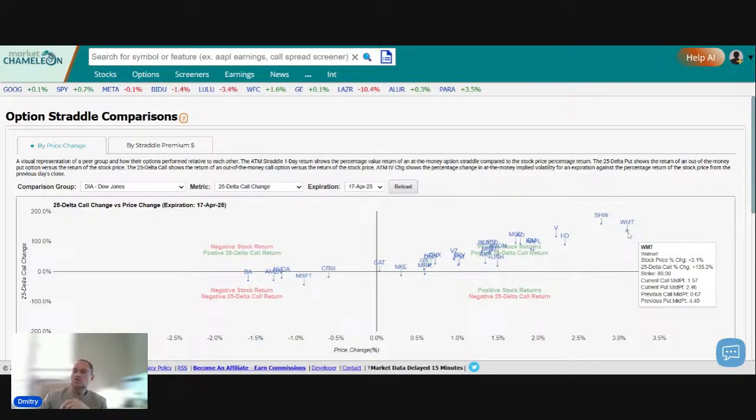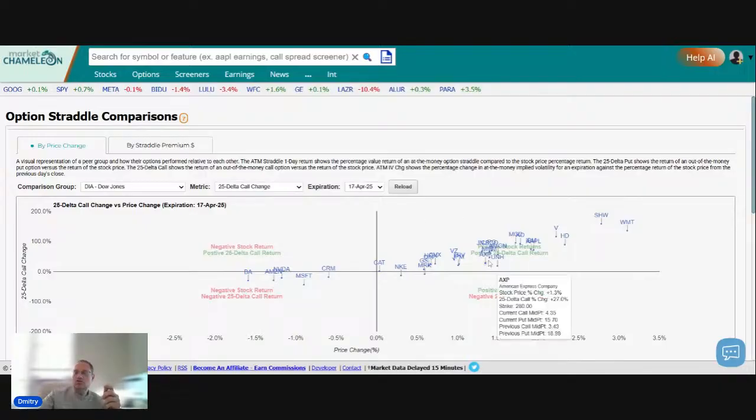Walmart, that stock was up 3.1%, and that call gained 135% in value. And we see that a lot of them are maybe clustered around here. Some of those calls lost value.